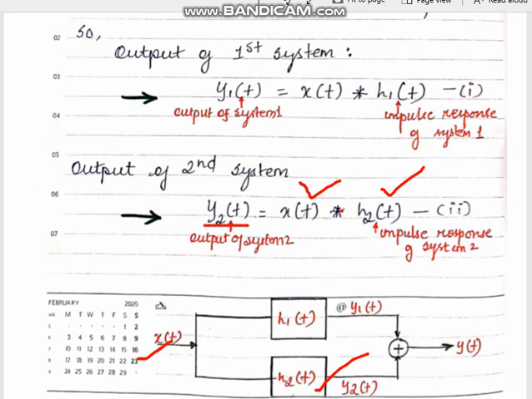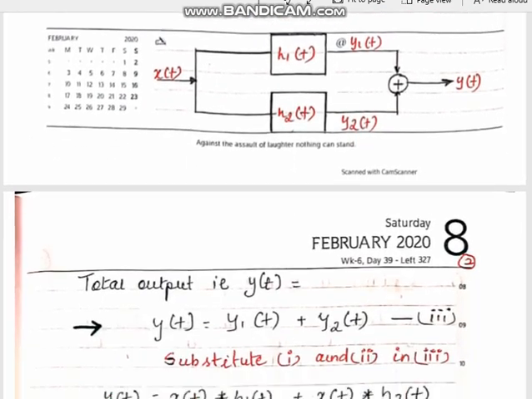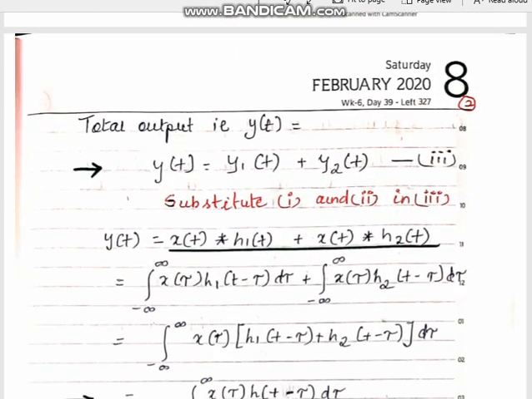Now, to achieve the final output, that is y of t, how do we calculate it? For that we require y1 of t and y2 of t. The summation of both of these outputs will provide you with y of t. So let's go further and derive y of t. y of t is given as y1 of t plus y2 of t.